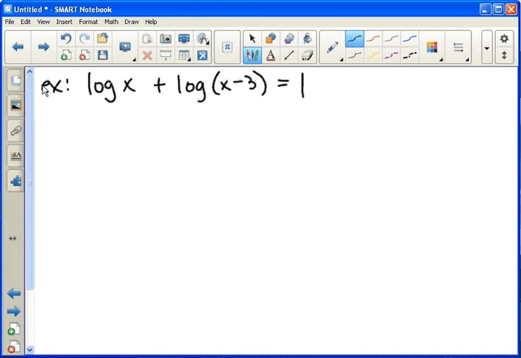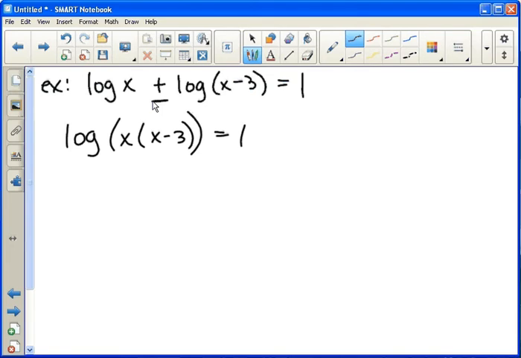So just like last time we needed to get the exponential or the base by itself, this time we need to get just a single log by itself. So what we need to do is combine them using the properties. Well, if you remember, addition can be changed to multiplication inside of a single logarithm.